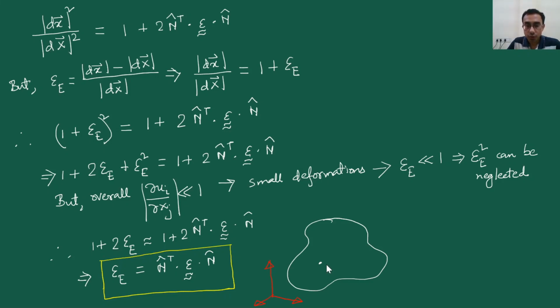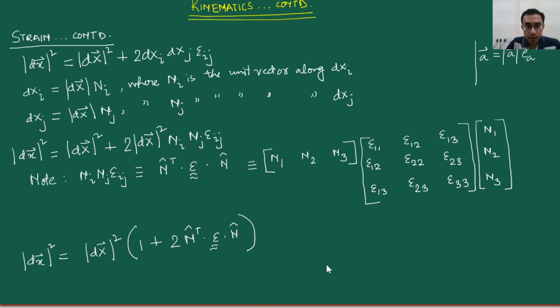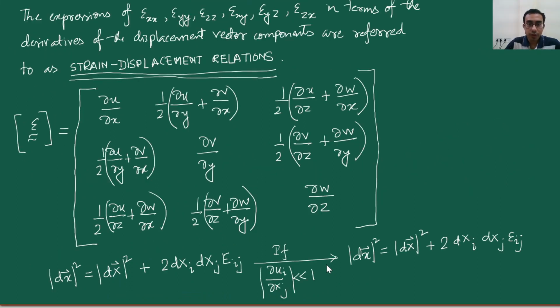So let us go back to this previous slide here. You can very well calculate the values of del u, del y, del v, del x, all these various derivatives. I provide you with the information about the displacement field, you know the geometry and everything, and you can find out the values of these derivatives.